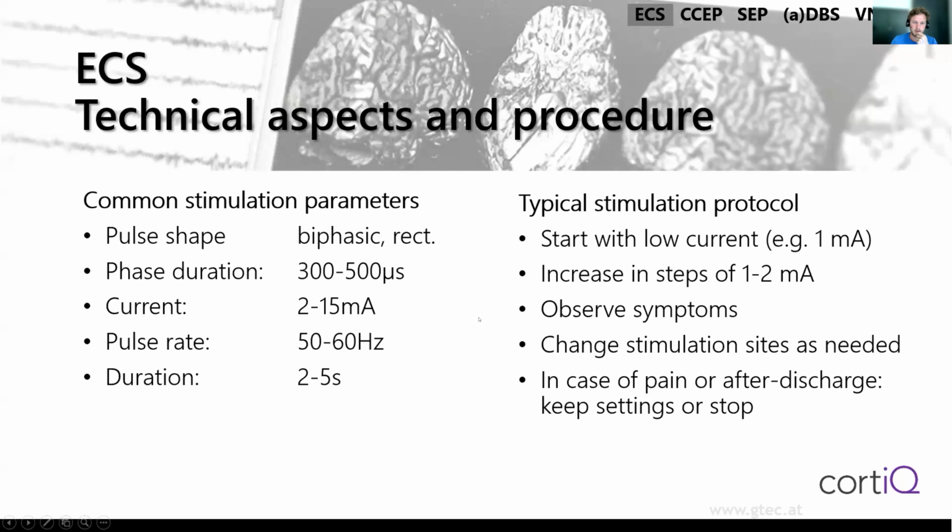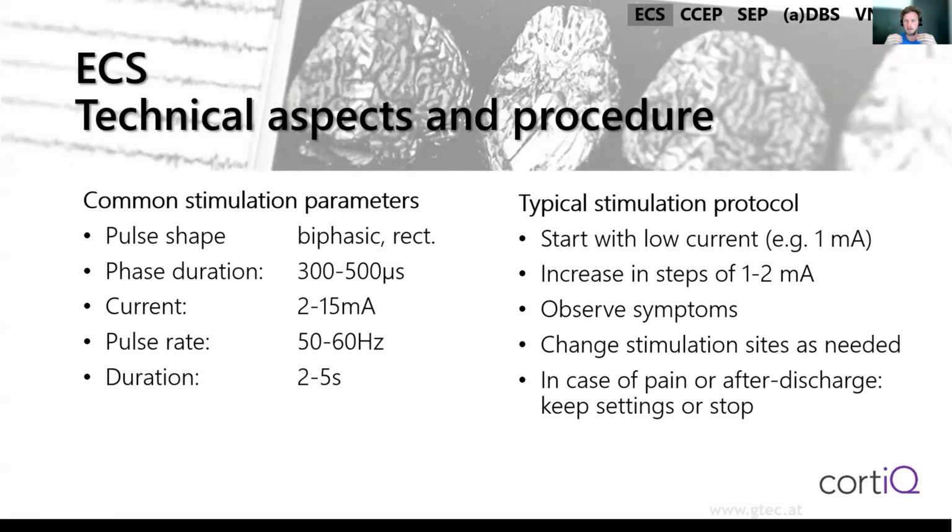Obviously, you have to very carefully monitor also the brain waves during the ECS session, because it can happen, especially when you're treating an epilepsy patient, that the stimulation induces so-called after discharges.